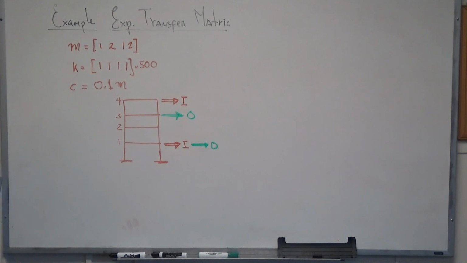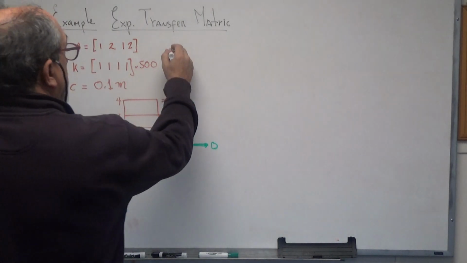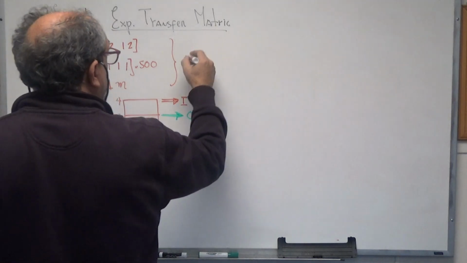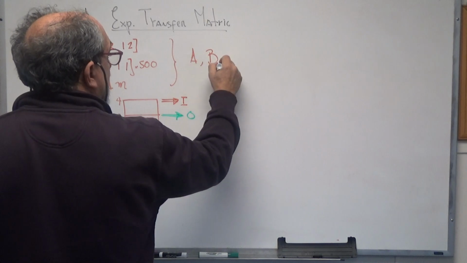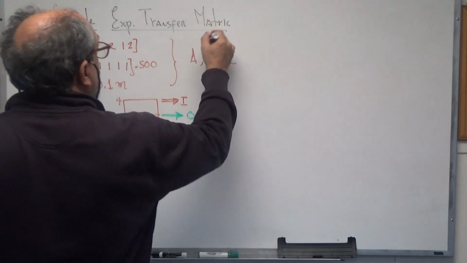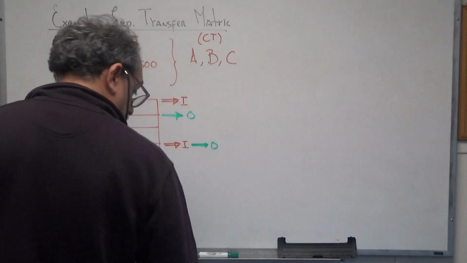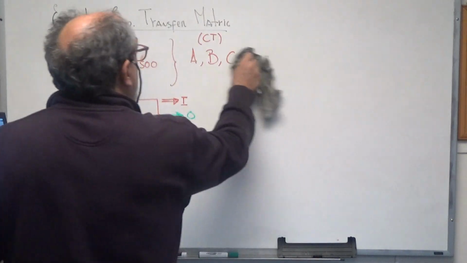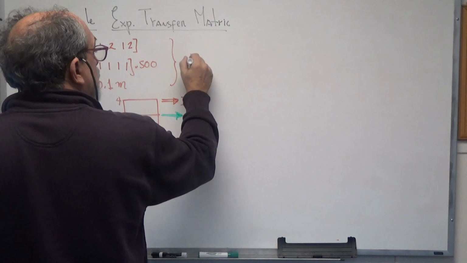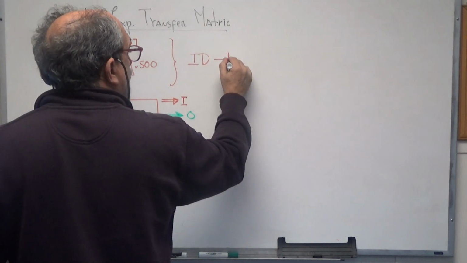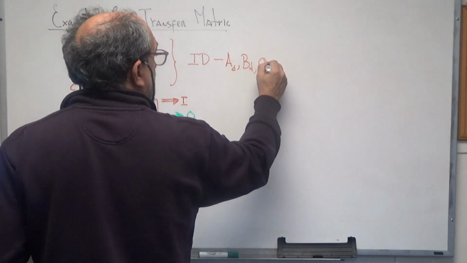Let's see. So we are assuming that we perform the ID, and if we perform the identification, we have A, B, and C. In continuous time, we actually got them in discrete time. To be more precise, from the identification, we obtain A discrete, B discrete, C discrete.